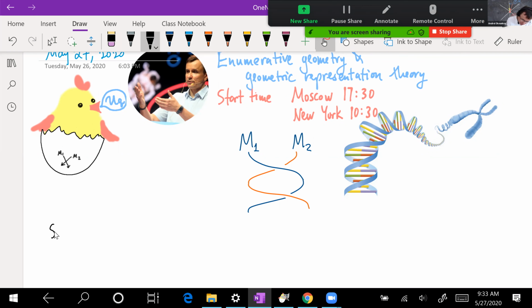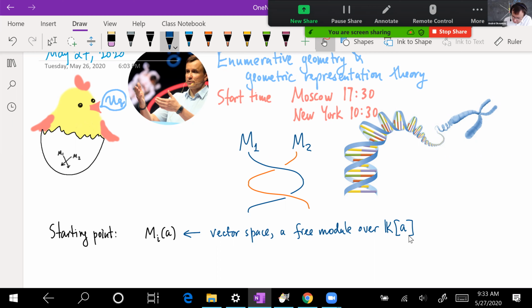So maybe some M_i of a_i, and you can think of this as a vector space, or more ambitiously, maybe a free module over some ground ring K, with adjoined polynomials in a, or some other functions in a you want to consider.